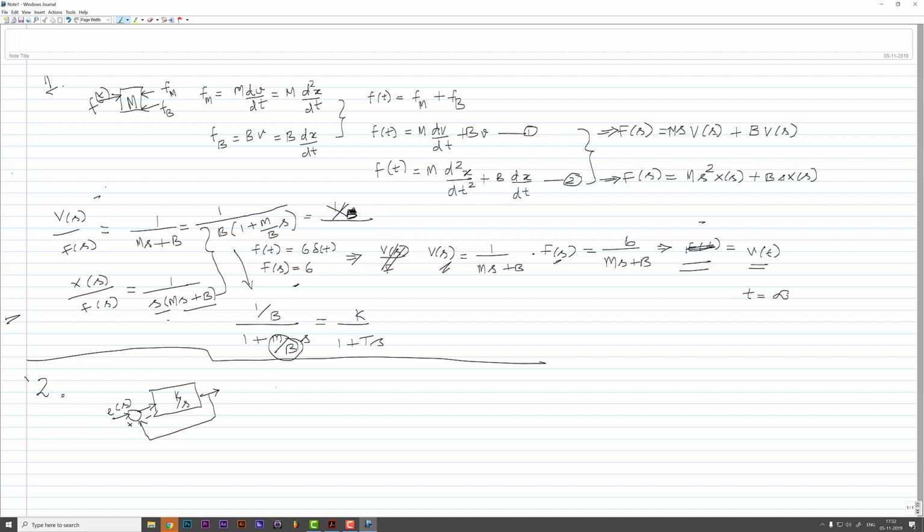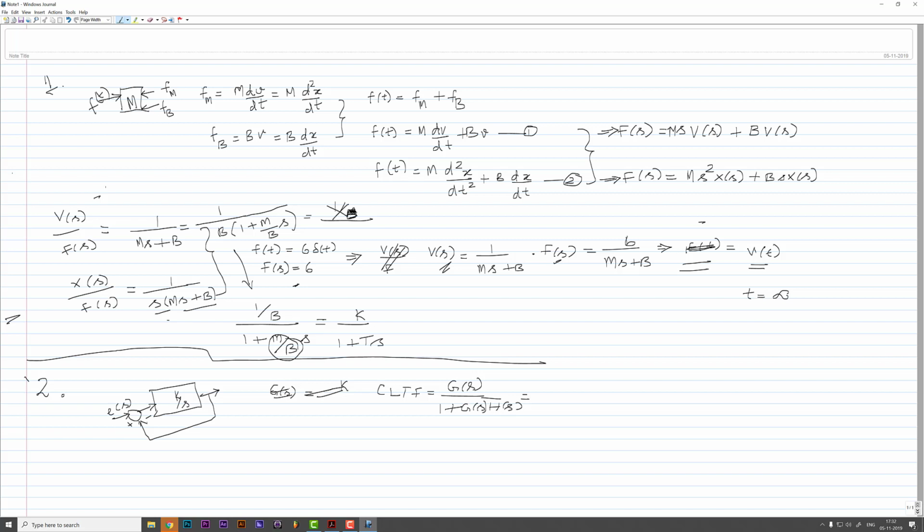Very simple problem. Let me say the closed loop transfer function is g of s. This is the forward path transfer function, not the open loop. The closed loop transfer function of the system is g of s by 1 plus g of s h of s.